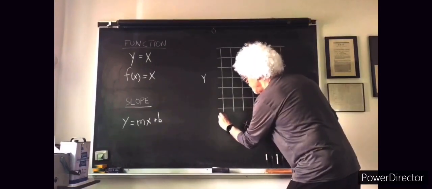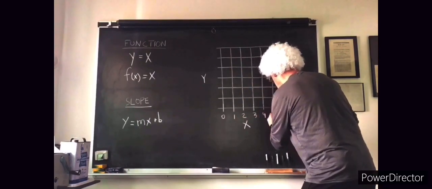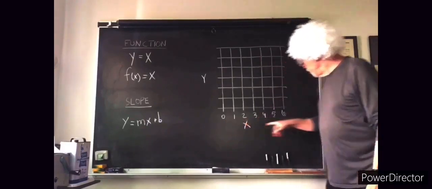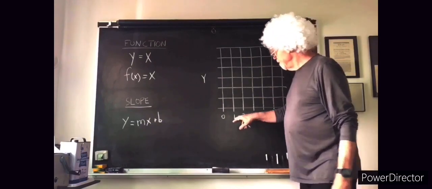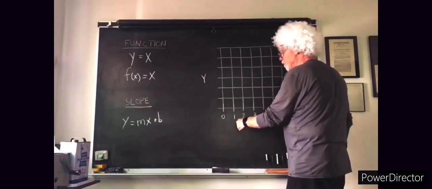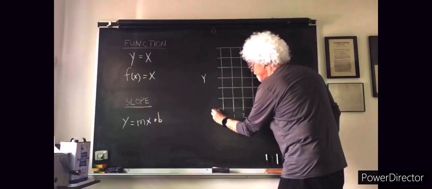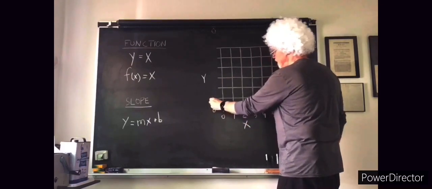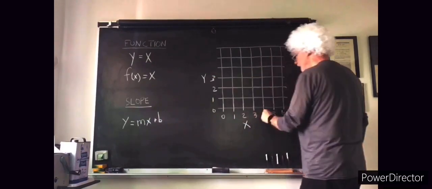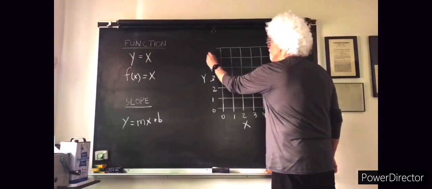Okay, I'm going to do a real simple one here. So our independent variable goes from 0 to 6. We're going to plot this function, y equals x. Well, if x is 0, y is 0. x is 1, y is 1. x is 2, y is 2. x is 3, y is 3. x is 4, y is 4. x is 5, y is 5.